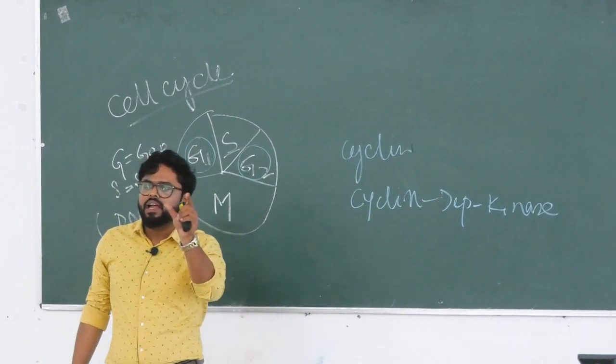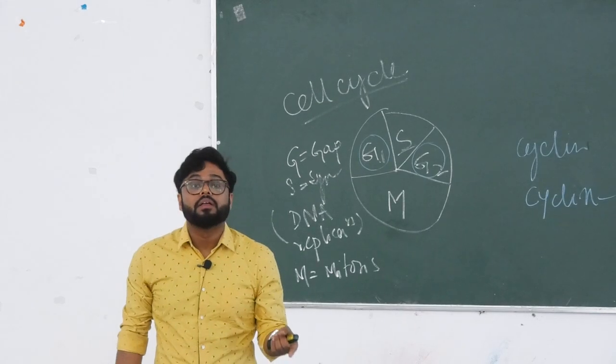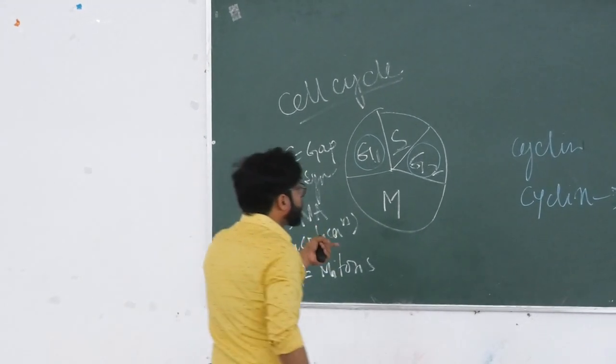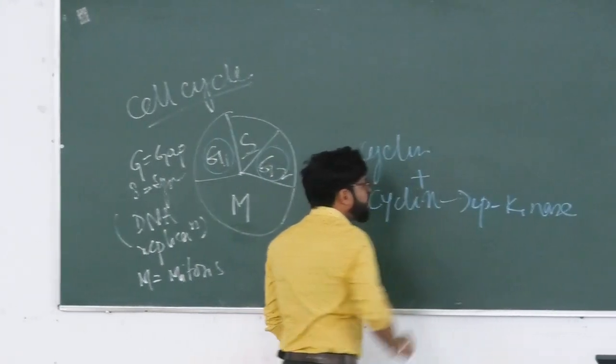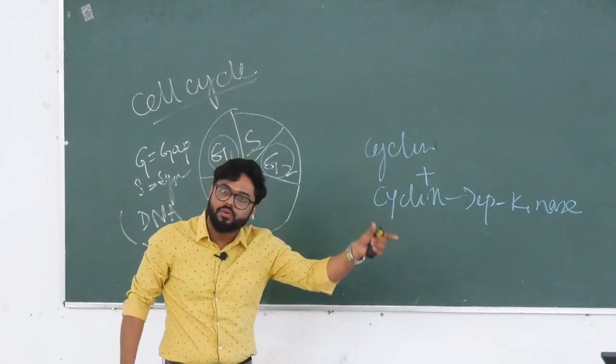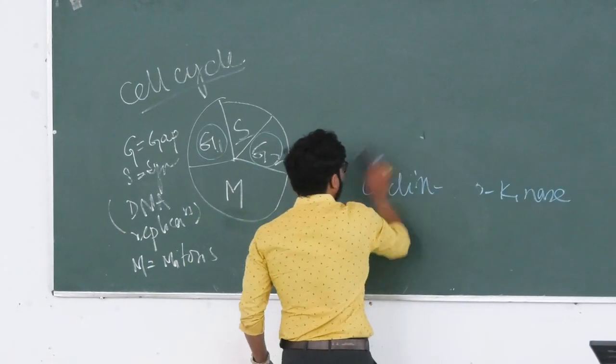So kinase, the term means this enzyme works in what? Phosphorylation of particular proteins. So when this cyclin binds to the cyclin-dependent kinase, there is a necessary process of phosphorylation of some protein. There are four cyclins.